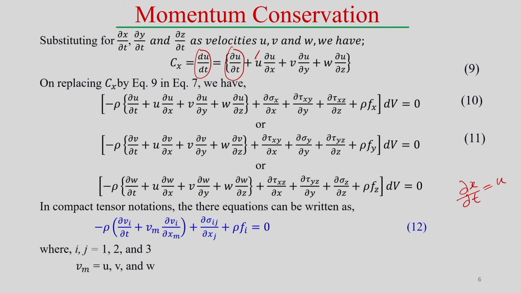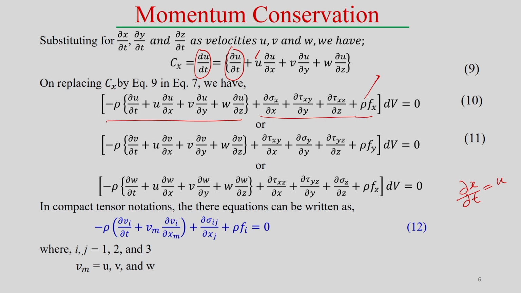Now we replace Cx in terms of u, v, w and t, then replace this part also. There are stress components and the body forces over the elemental volume dV equal to 0.